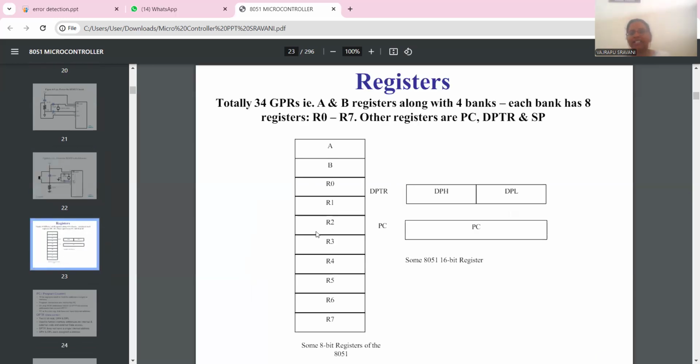Next one is the registers. There are totally 34 registers available. Among them there are 4 banks: Bank 0, Bank 1, Bank 2, Bank 3.